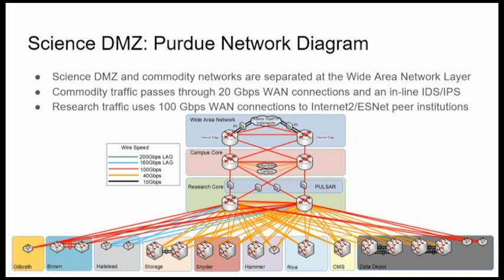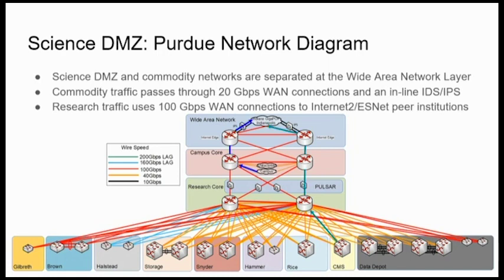And we are down here, connected directly to the research core. As you can see, the science DMZ and the commodity networks are slightly separated. The commodity network usually passes through an inline IPS, and on the other hand, the research network mostly uses 100 gig fiber optic links.